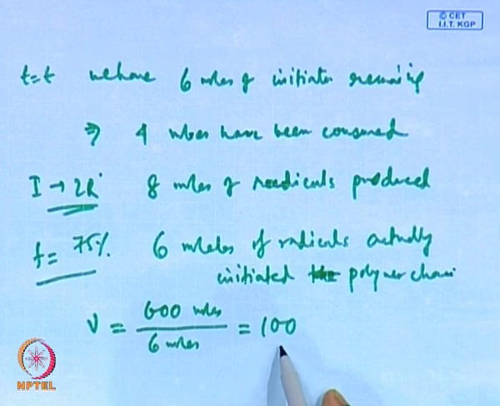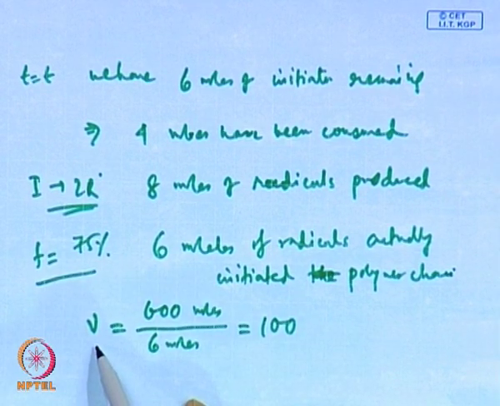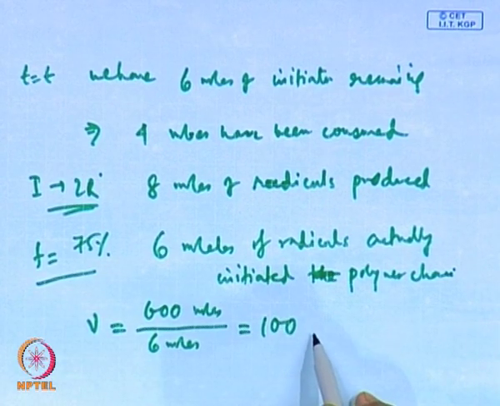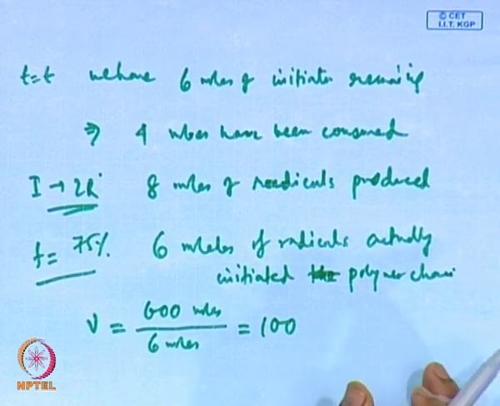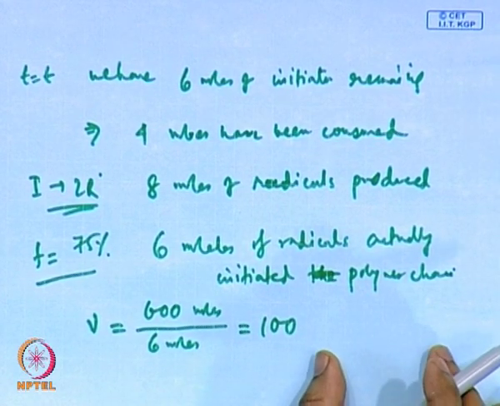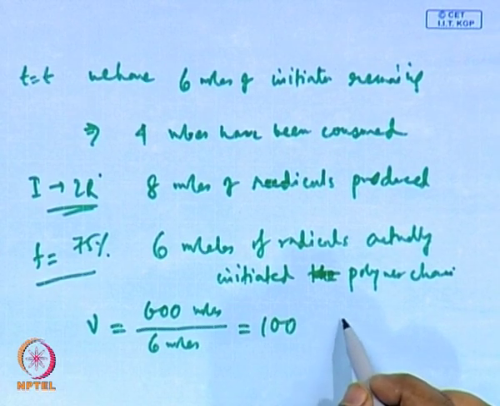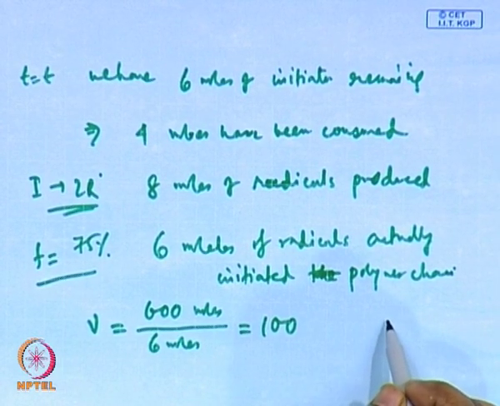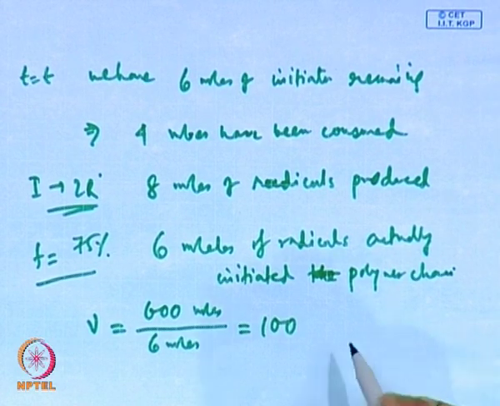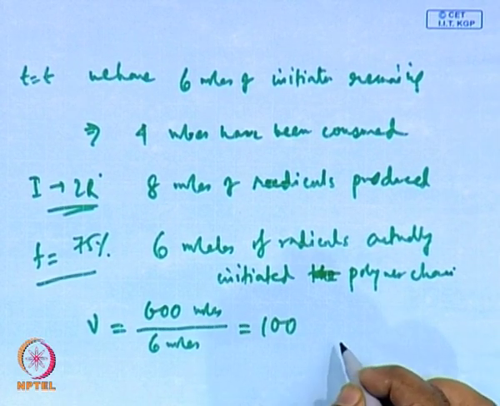So, 100 is the value of the kinetic chain length, that means on average every chain, before it undergoes a termination reaction, which we call a kinetic chain, has 100 monomer units.